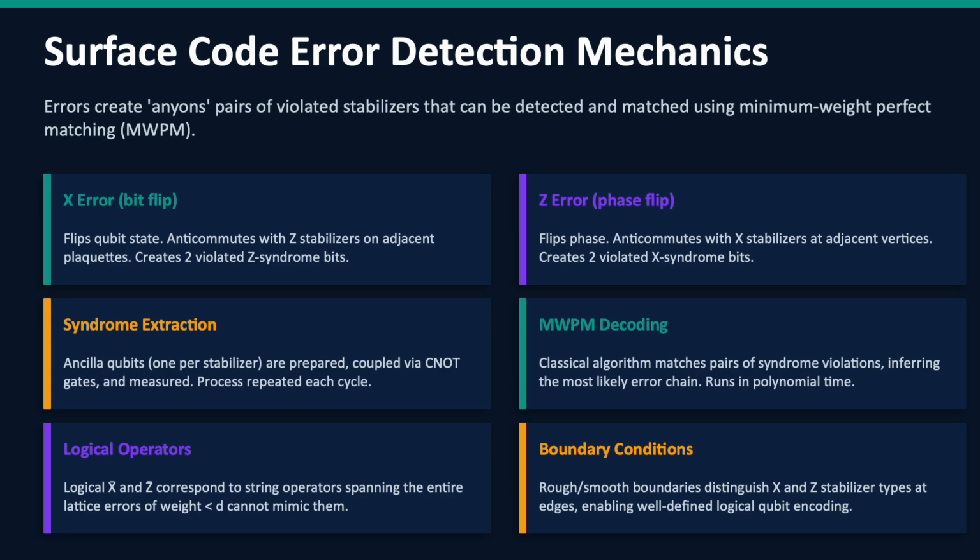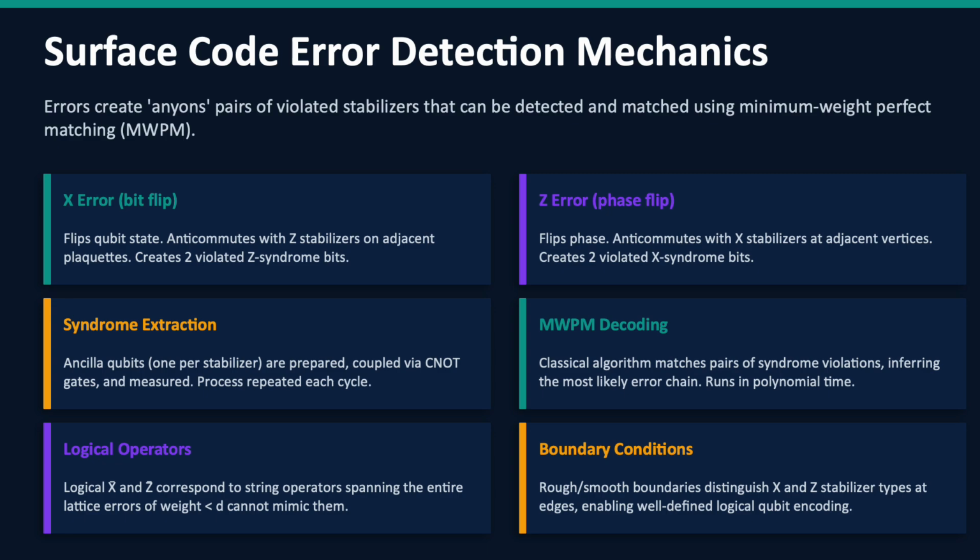The process of figuring out what error occurred from the pattern of check violations is called decoding, and it is performed by a classical computer running alongside the quantum hardware. The decoding algorithm looks at all the violation locations across the grid and asks, what is the simplest pattern of errors that could have caused this particular distribution of disturbances or violations?